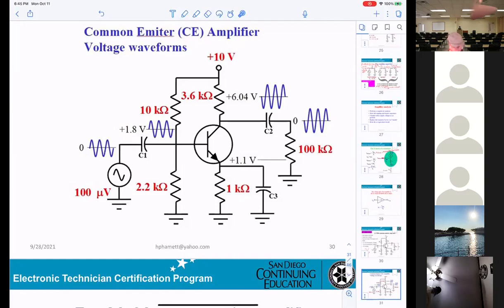Common collector means in a common collector amplifier, the collector will be ground. Common base amplifier, the base will be grounded.